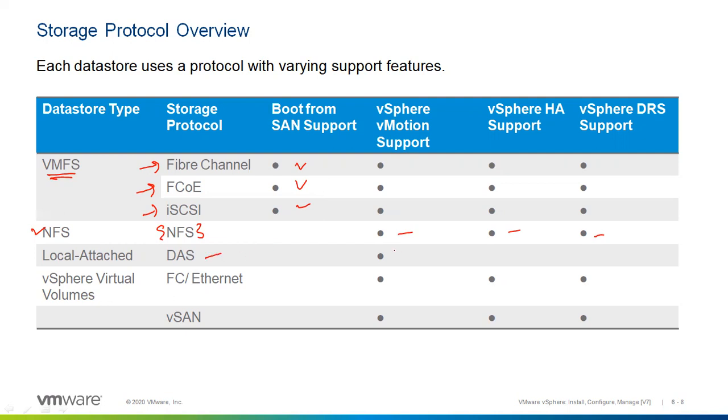DAS supports vMotion only, but DAS cannot be used as shared storage because it is dedicated storage. vSphere Virtual Volumes also do not support boot from SAN, and vSAN does not support boot from SAN either. The rest of the features are supported by vSAN.